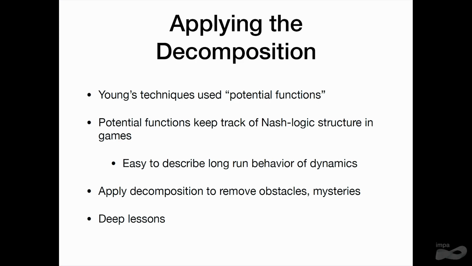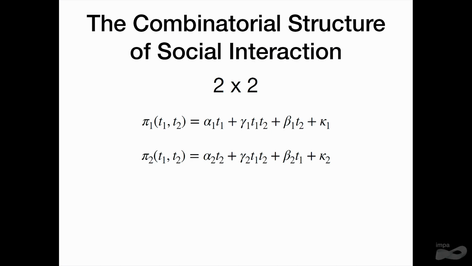So I thought maybe I should look into games and functions, which led me, applying the decomposition to all of this, to come up with another decomposition and a really fascinating way to describe games using functions.